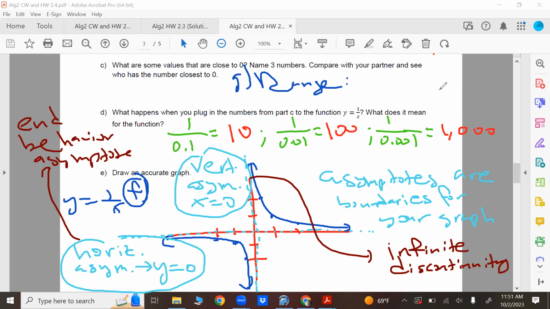So let's look at both branches, right? This goes from negative infinity up to what y value? Y is getting closer to 0, right? Up here, y is positive infinity, right? As you come back down, y is getting closer to 0. Is 0 part of our range? No, it's not. So you're going to say all real numbers except 0.